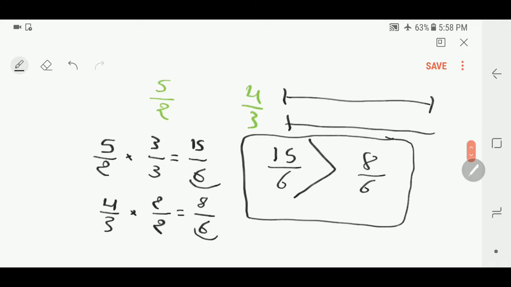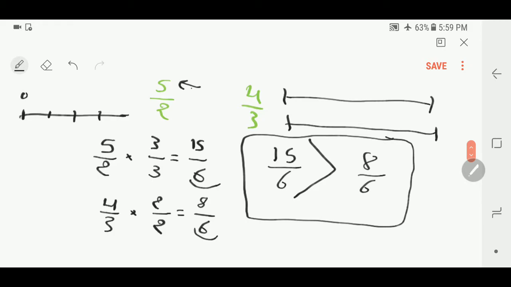We can do the line, though. 5 over 2 is actually a large number, larger than 2.